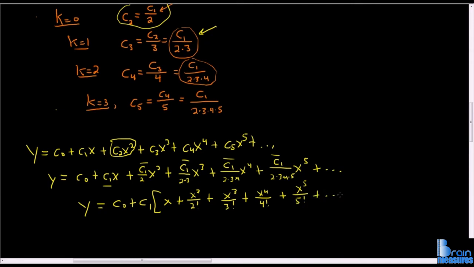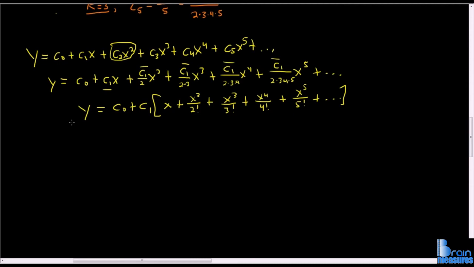Nice, easy problem. Now, to finish this, recall that e to the x is equal to 1 plus x plus x squared over 2 factorial plus x cubed over 3 factorial, etc. So e to the x minus 1 is x plus x squared over 2 factorial, etc.